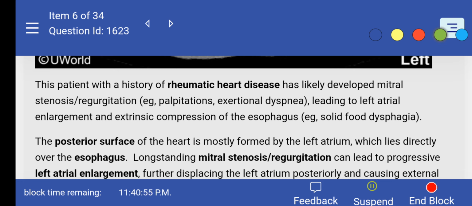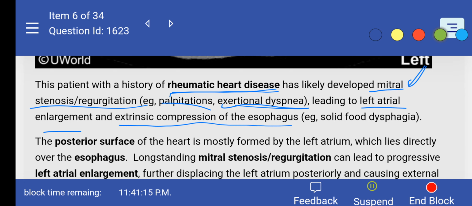So this patient with a history of rheumatic heart disease, right, has likely developed mitral stenosis or regurgitation. That can cause, for example, palpitations and exertional dyspnea leading to left atrial enlargement. That would compress, so extrinsic compression of the esophagus, for example, solid food dysphagia.